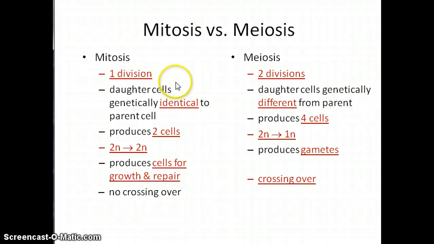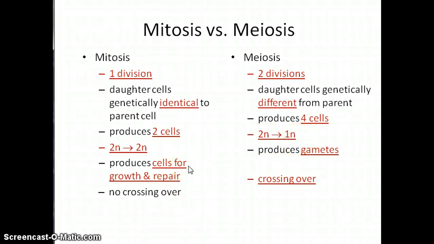So big difference right here between mitosis and meiosis. With mitosis, you end up with 2. With meiosis, you end up with 4. With mitosis, you go 2n to 2n. In meiosis, you go 2n to 1n.